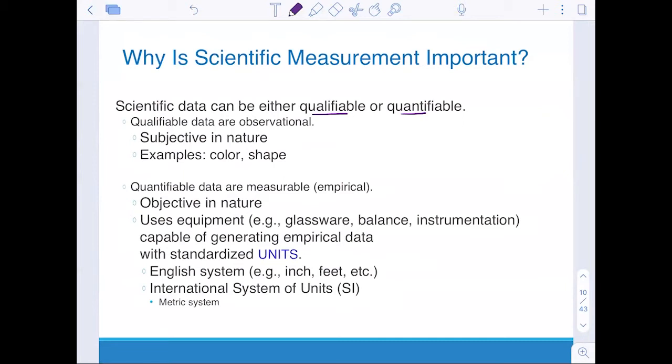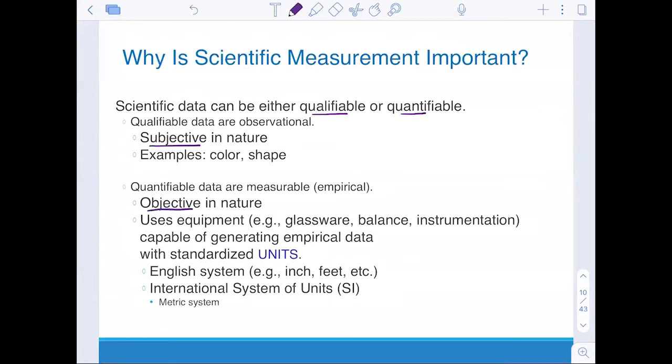Subjective for qualitative, meaning my opinion, right, is most often put into qualitative things. If I think something's hot, you might say it's very hot. If I say it's really cold, you might say, well, it's not that cold, it's cool. So very subjective based off of the scientist.